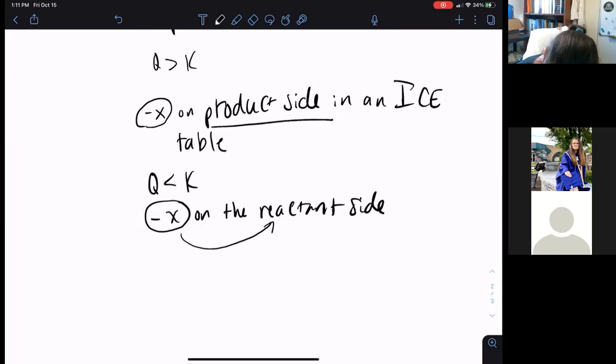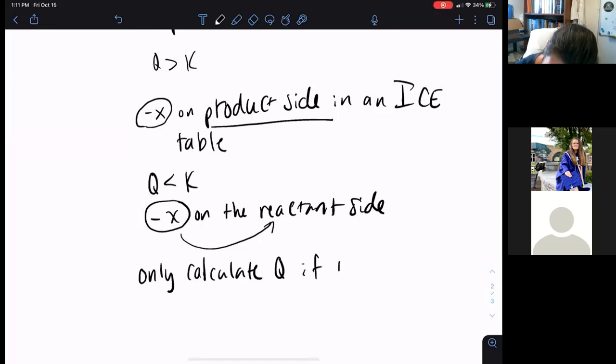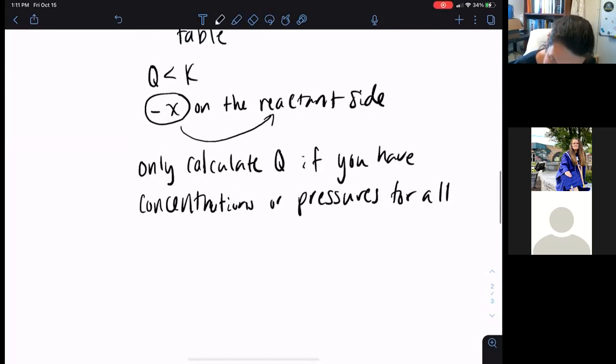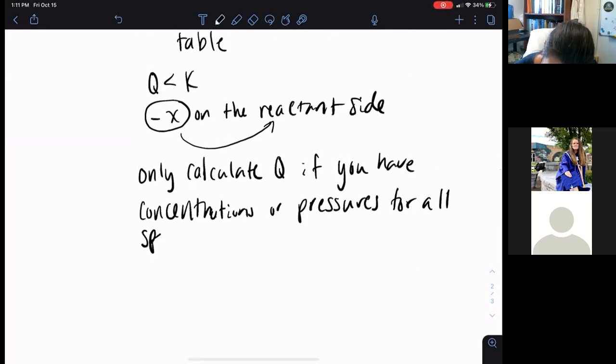And another thing, you can only calculate Q if you have concentrations or pressures for all species in the gas or aqueous states.